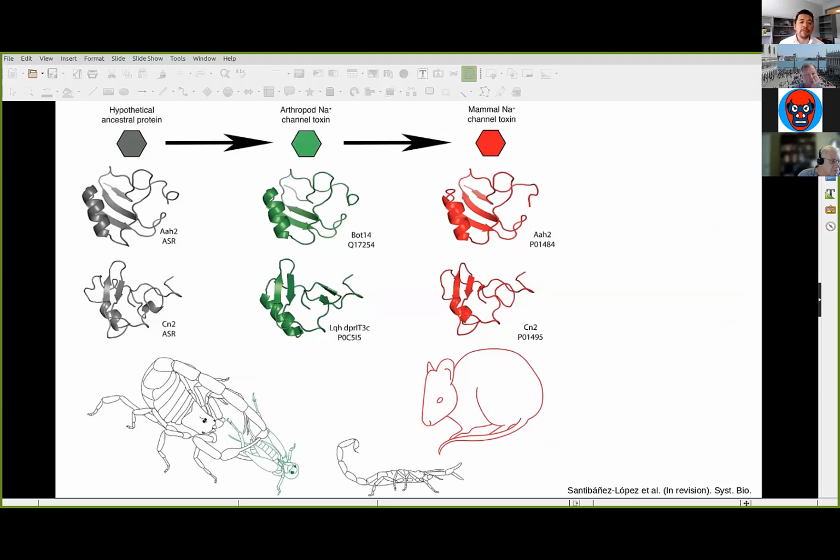So our hypothesis suggests that we have a hypothetical housekeeping gene that evolved to become a toxin, a sodium channel toxin that affects insects or other arthropods, essentially a weapon to become a predator. And then that protein was also co-opted to become a defensive trait against mammal predators.